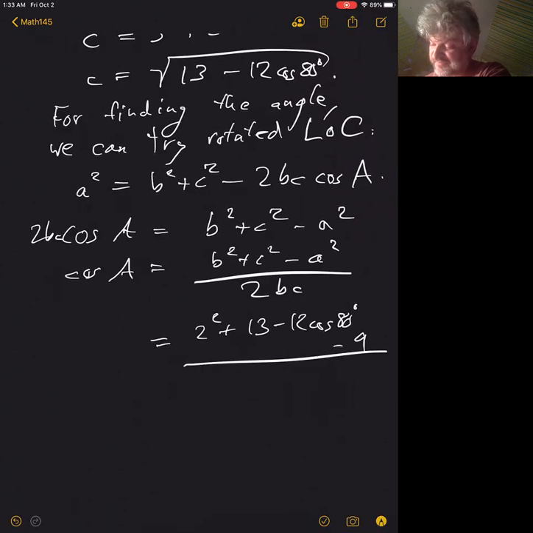Big fraction bar, divided by 2bc. 2 times 2 times c, which is that square root of 13 minus 12 cosine of 80.